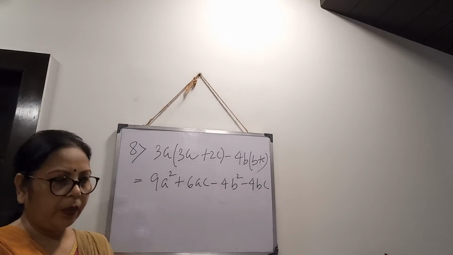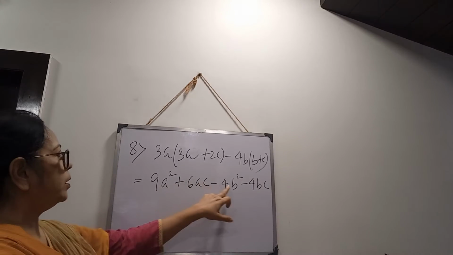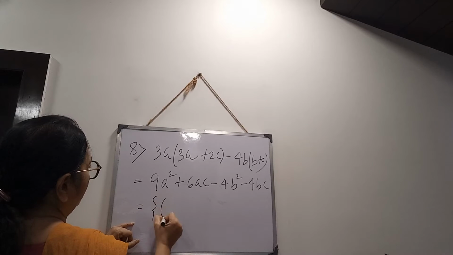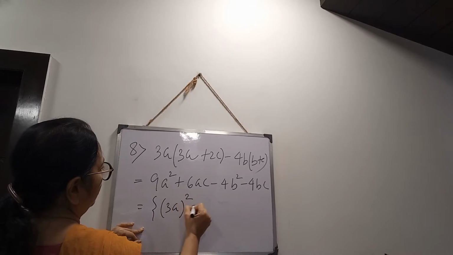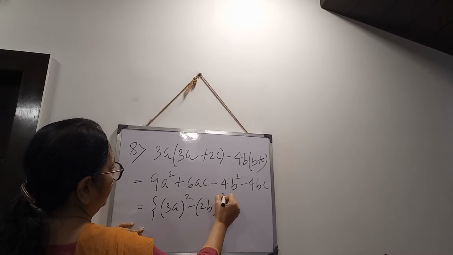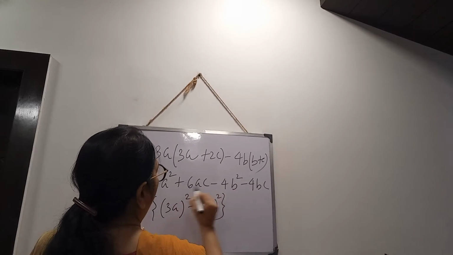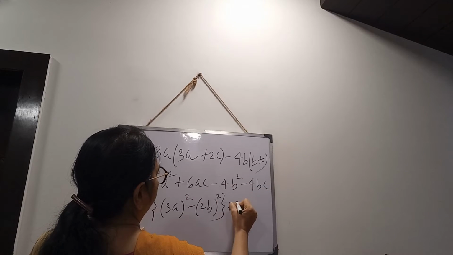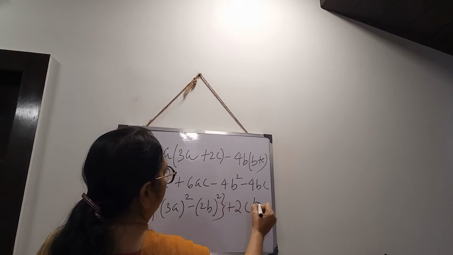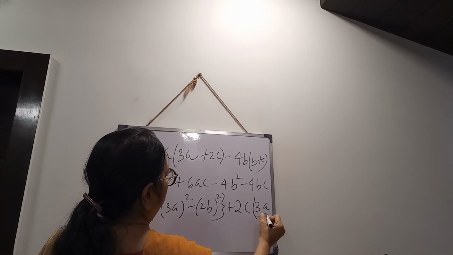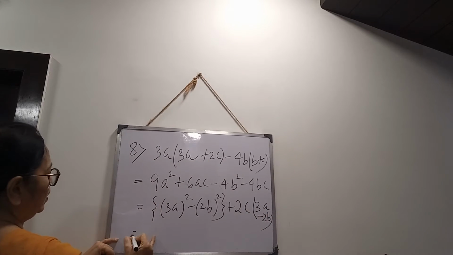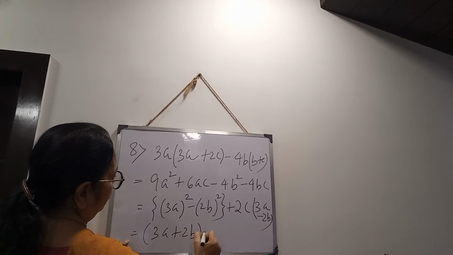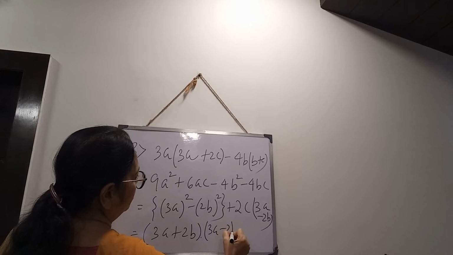Now next step, from here we will get a square minus b square, so this is 3a whole square minus 2b whole square. And from these two, how much is common? 2c is common. So from here we are getting 3a and from here minus 2b. It is a square minus b square form, a plus b into a minus b.